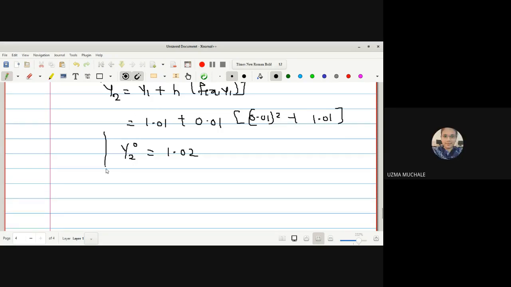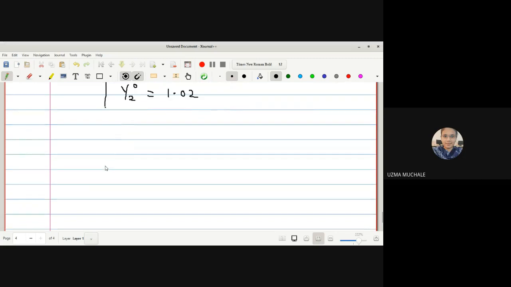Okay. Now we are going to use our Euler's modified method to find out the correct answer for this.